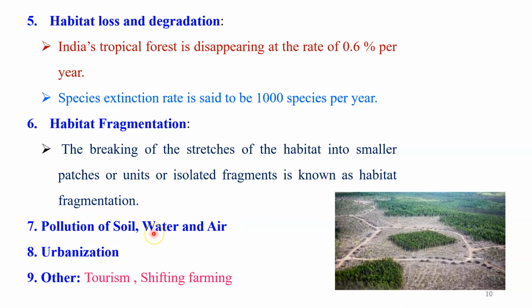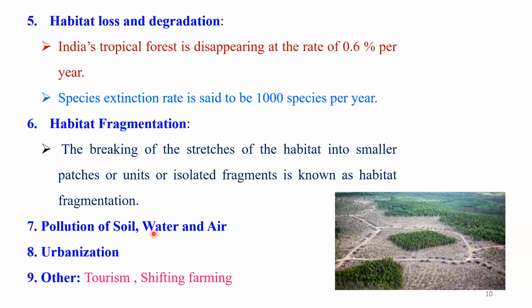Especially the ecosystem available inside a pond, river, or dam, called the aquatic ecosystem. In that aquatic ecosystem, due to water pollution, the whole ecosystem is disturbed, and some consumers or microorganisms also suffer.